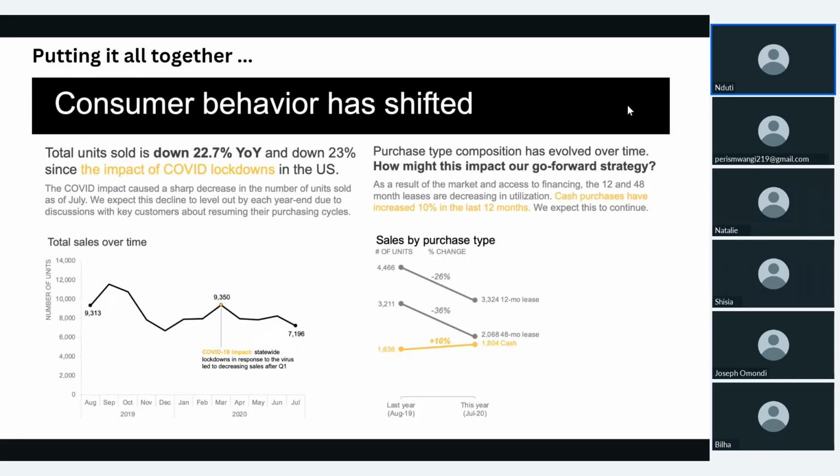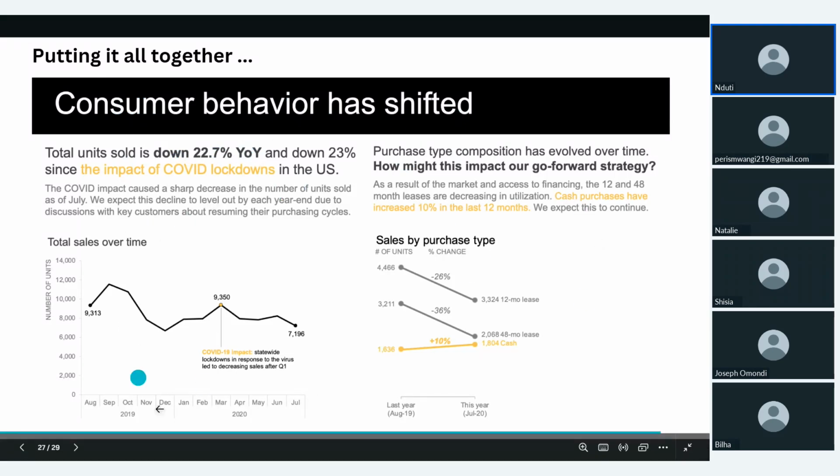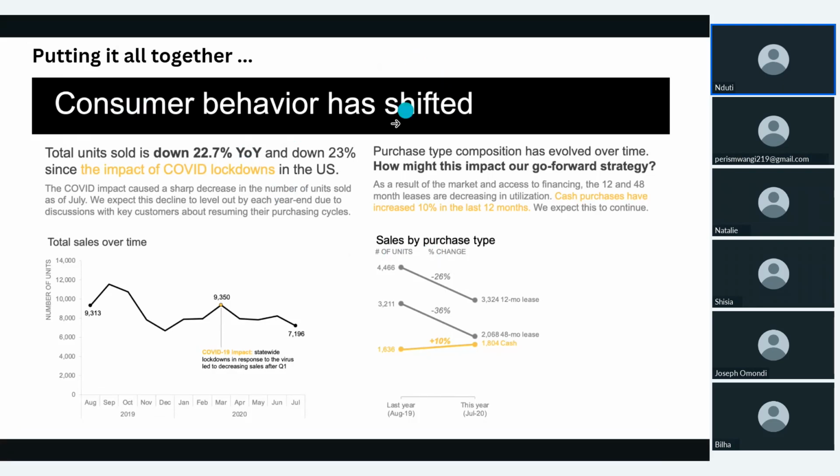I want to put my message out there very fast. And I'm saying straight off the bat, consumer behavior has shifted. So even before you take a look at anything here, you already know that consumer behavior is not the same. Now I'm introducing annotations and text to accompany my visualizations to get this message home, to focus my message and make it as clear as possible.